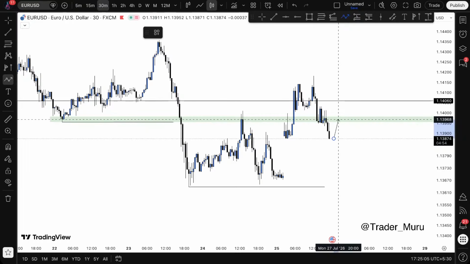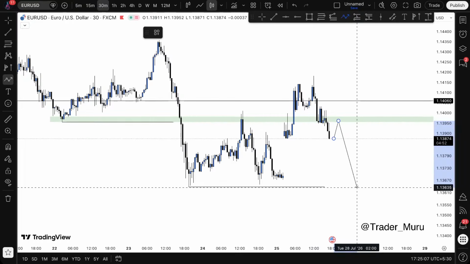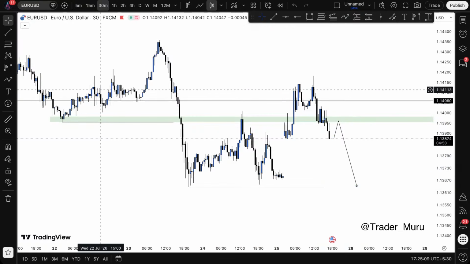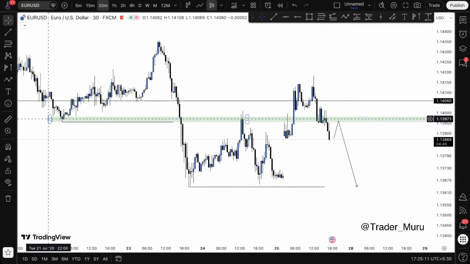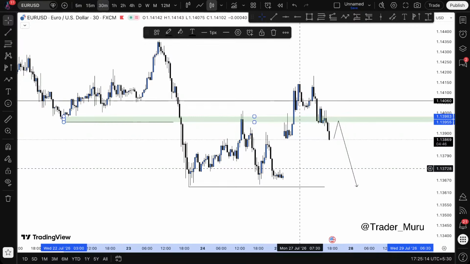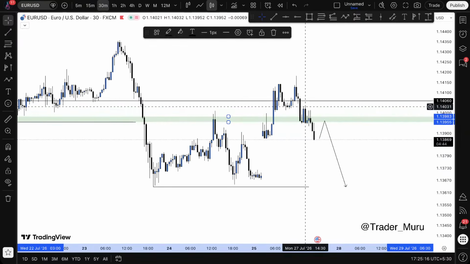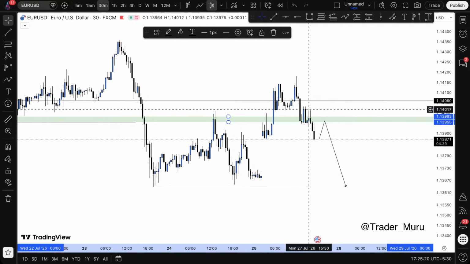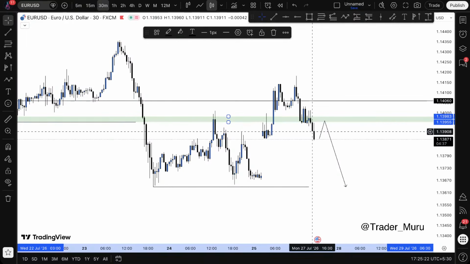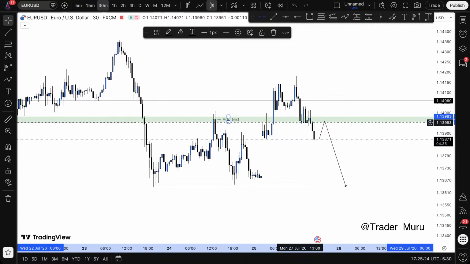First expectation in euro will be test here and drop. We are back below our mitigation block area and we have supply near it, so it's easy for invalidation here. Just a test and drop. Did we have test?